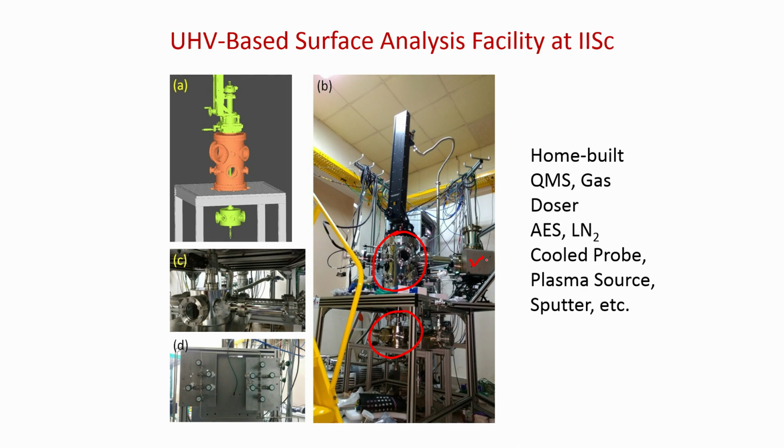This is called an ion pump. Then there are scroll pumps here, and on the back side we have the turbo pump. These are the gas lines which we use to dose the oxygen and CO molecules on the surface.